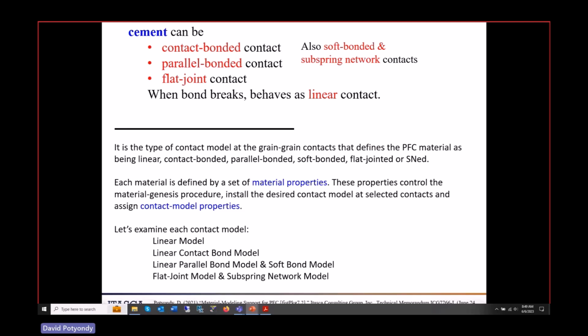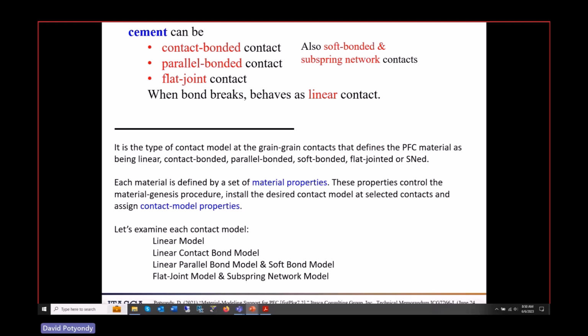But that is a fundamental property of that material. So I build two parallel bonded materials, one with a genesis pressure of 10 MPa and the other with a genesis pressure of 100 MPa. Those are going to be very different materials, each with a different response.